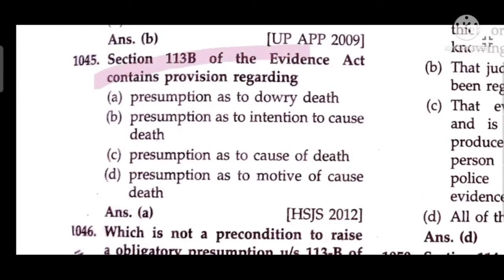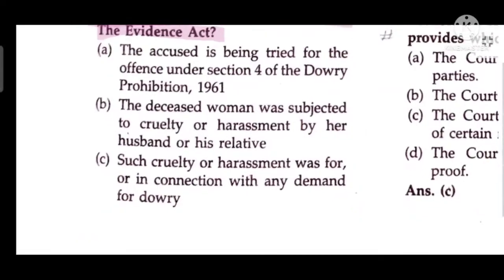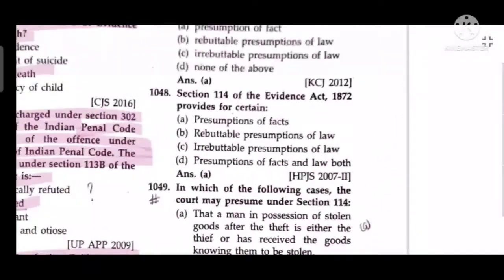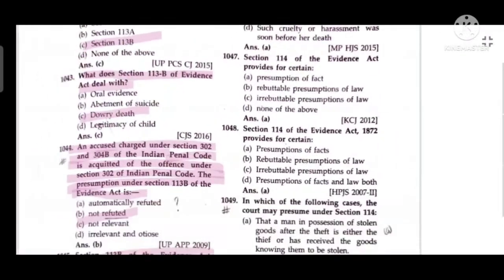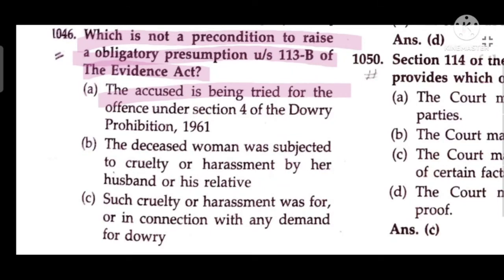Section 113B of the Indian Evidence Act contains the provision regarding presumption as to dowry death, which is not a precondition to raise an obligatory presumption under Section 113B. The accused is being tried for an offence under Section 4 of the Dowry Prohibition Act.